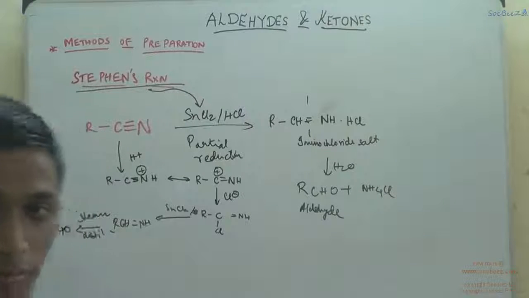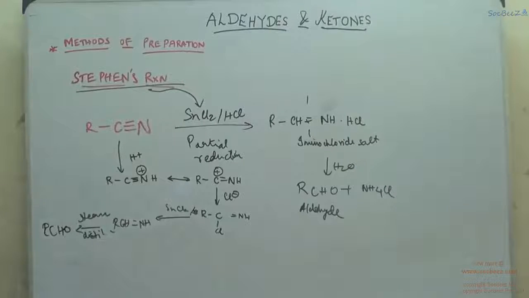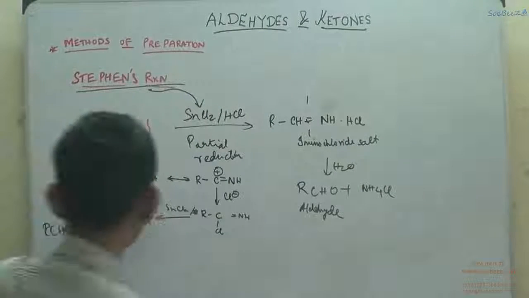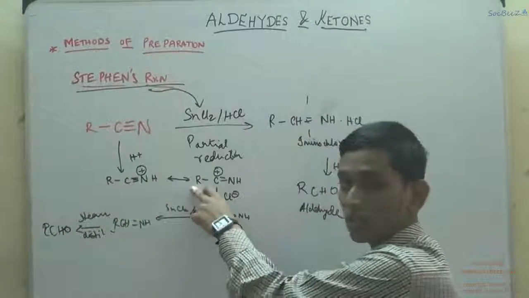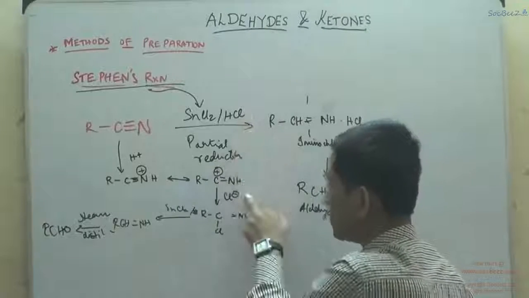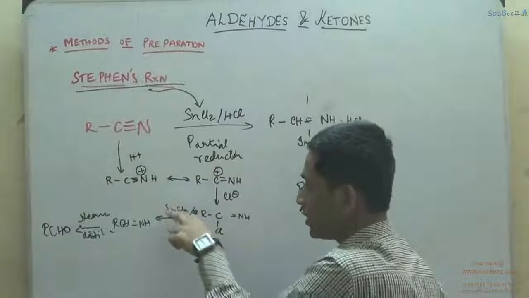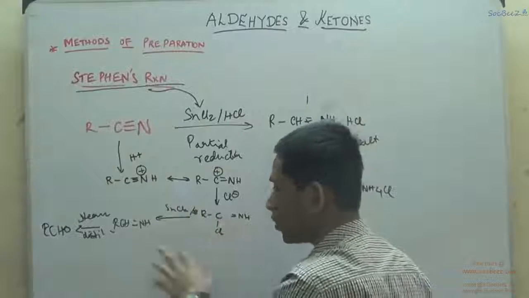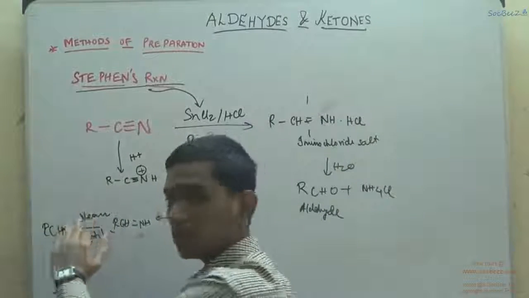Okay, this was a brief mechanism. So RCN, protonation in the acidic medium, you get this compound, resonance structure, this one being more stable, positive charge on carbon, now treated with Cl minus, it gets attached here, SnCl2 HCl reducing agent, H here, so Cl goes, and then steam distillation gives RCHO.